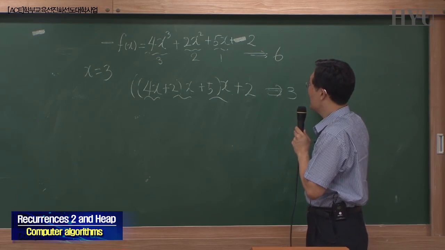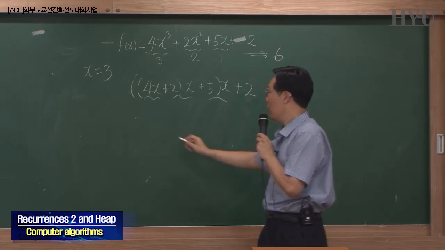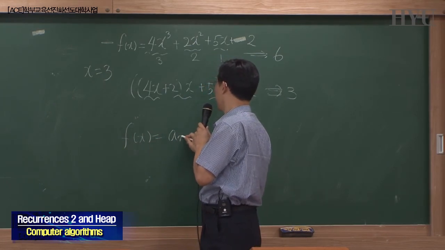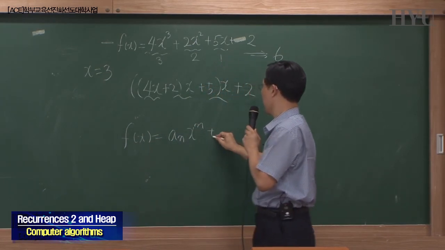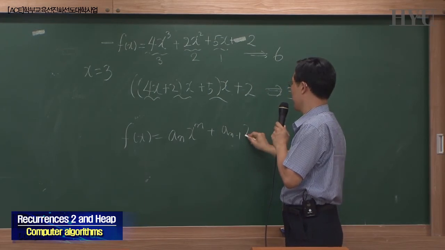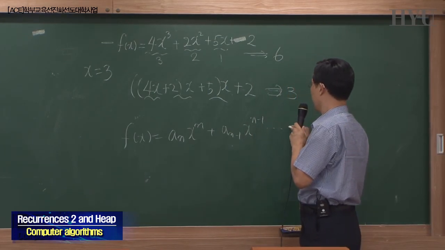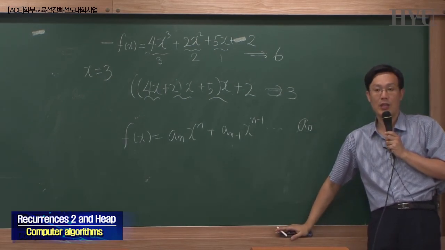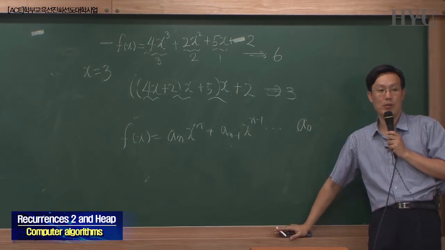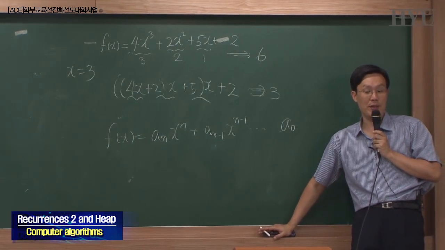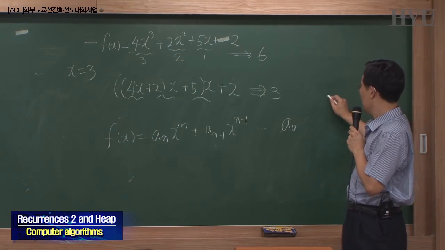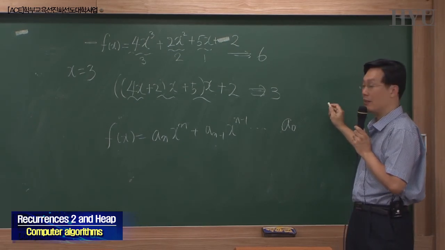And let's think about a general problem. Okay, this is a general polynomial whose degree is n. So let's consider a naive method.